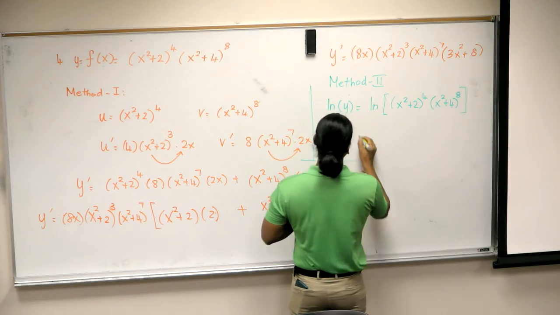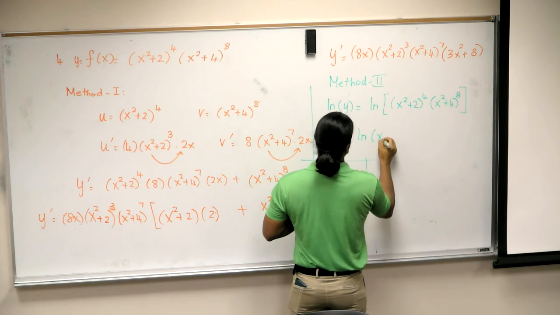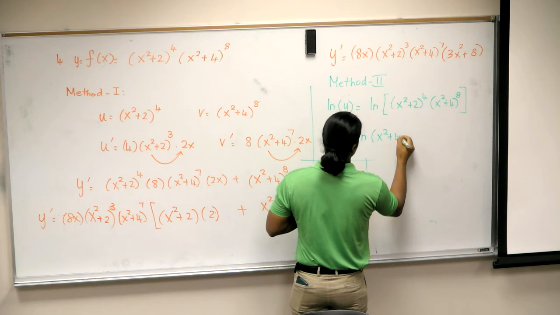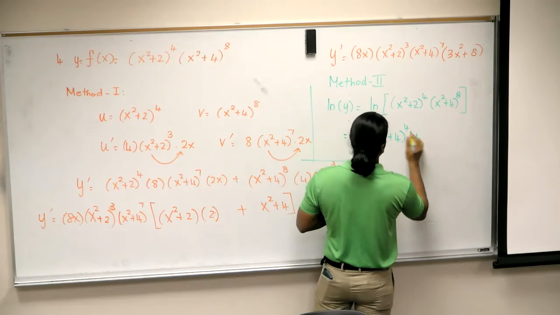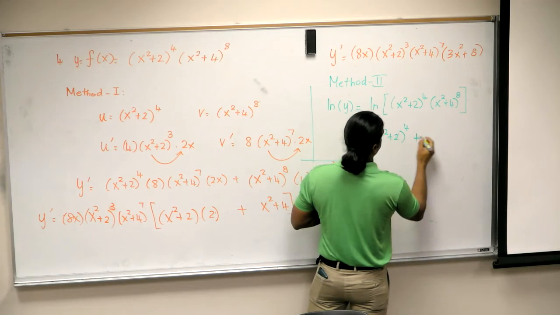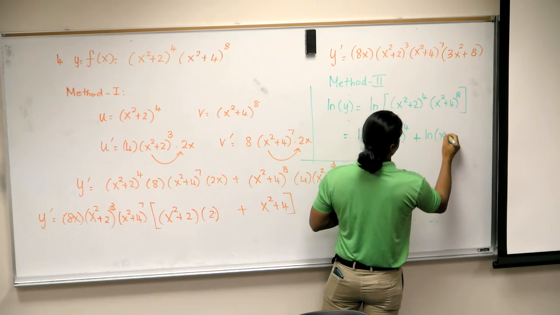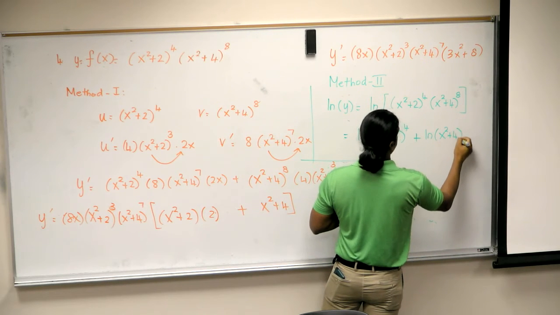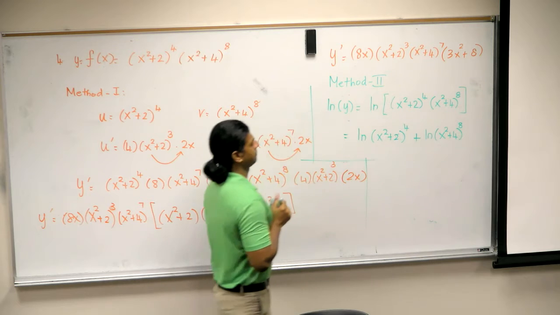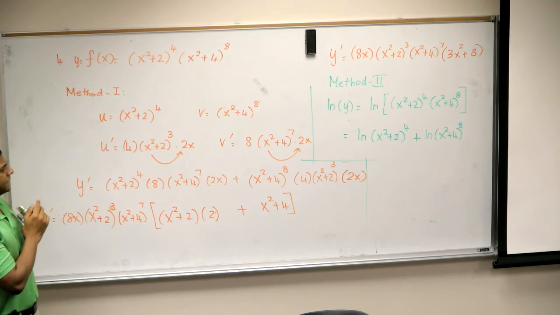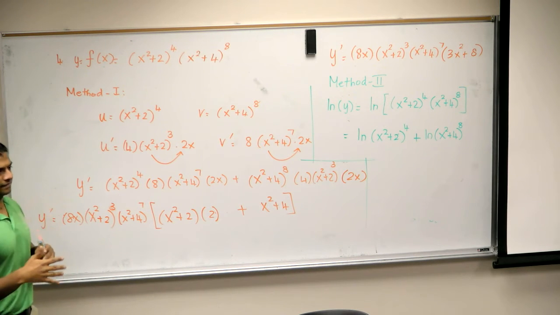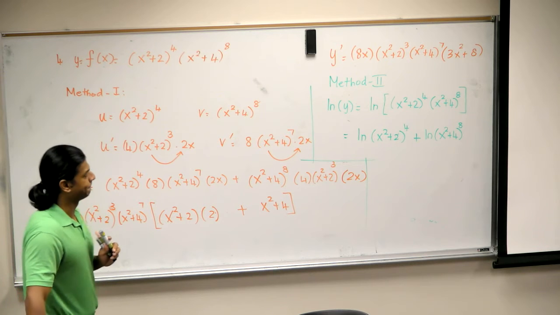ln of A times B is ln A plus ln B. Should we proceed with taking the derivative, or is there something else that we can do before moving on?